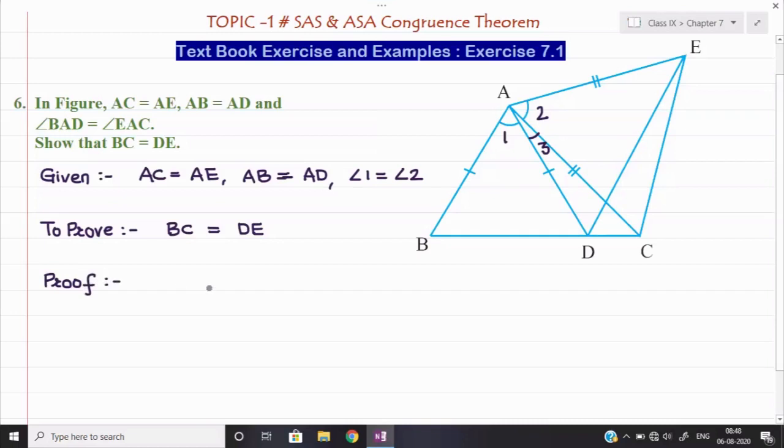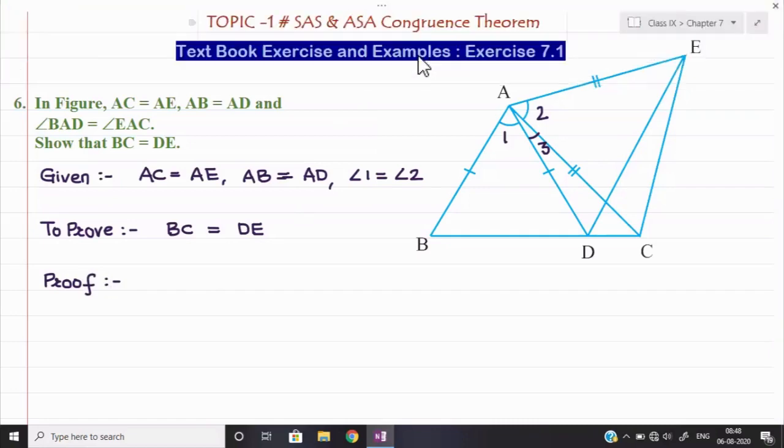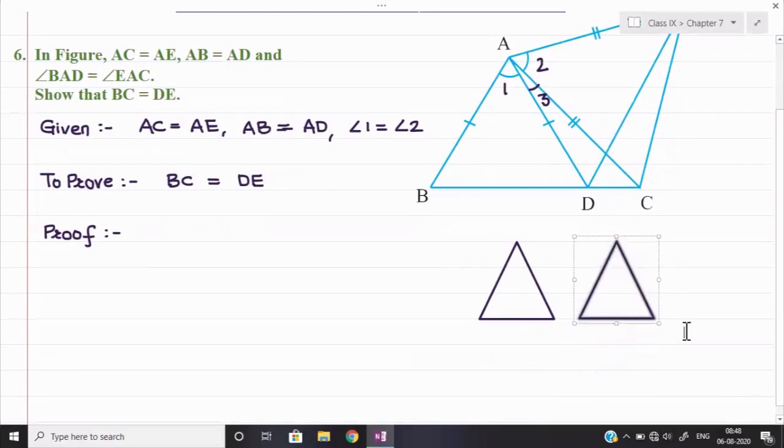First of all, I will take two triangles here, since the prime requirement of the question is to first prove two triangles congruent. However, it is not mentioned in the question, but we need to prove it. Without that you can't go ahead. So here I will take two triangles, and we shall see in these two triangles what the lacunas are, meaning what is not mentioned in the question, that we need to bring in on our own.